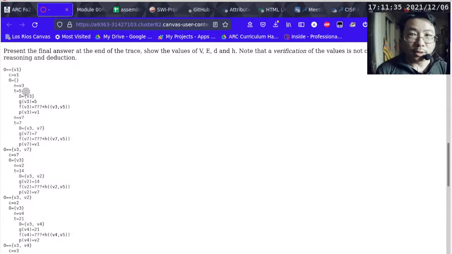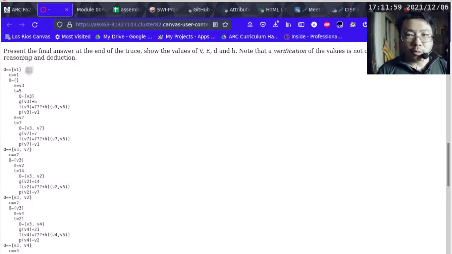It has to do with how the algorithm is computing the value of t. So now we have the indentation indicates nesting. We have one more level of indentation here, which means the condition of the conditional statement is true. That's why we are updating O, the G value, the F value, and also the previous value of V3.